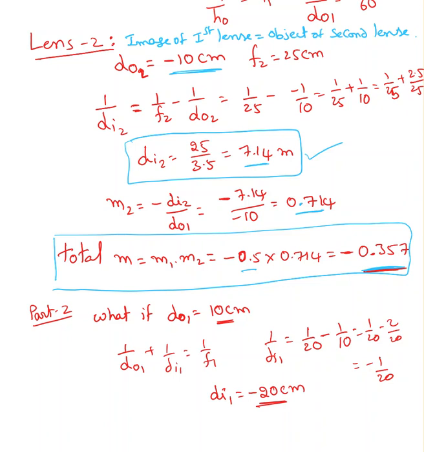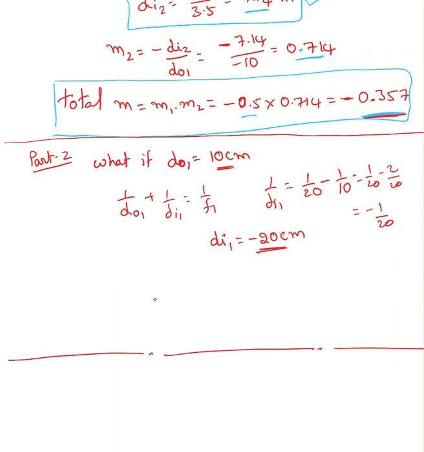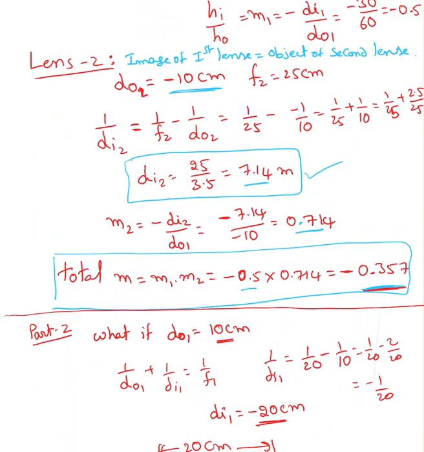If that is the case, I'm going to redraw the diagram again. Remember, here is the axis, and there are two lenses. I'm not changing the distance between the lenses, which is 20 centimeters from the previous.